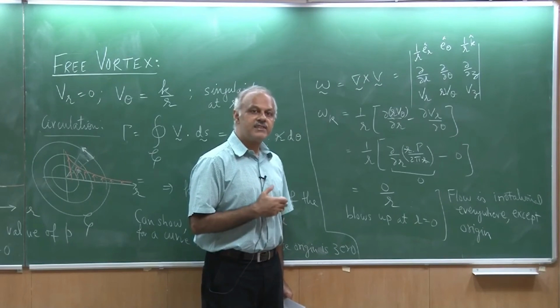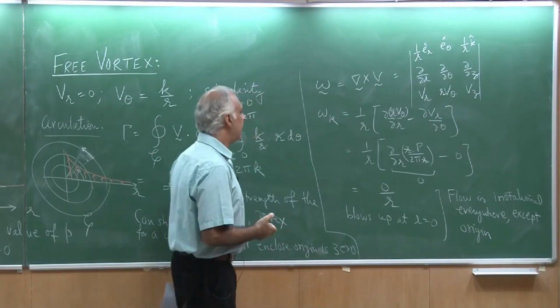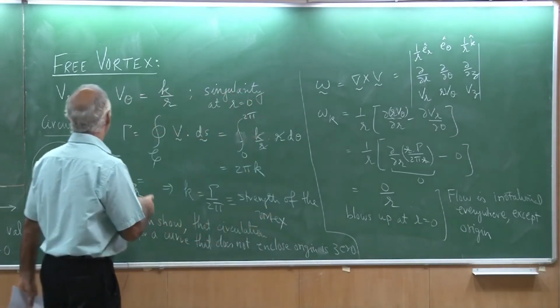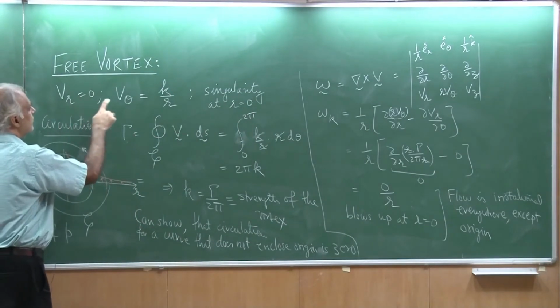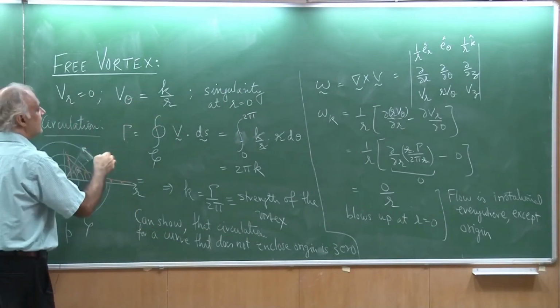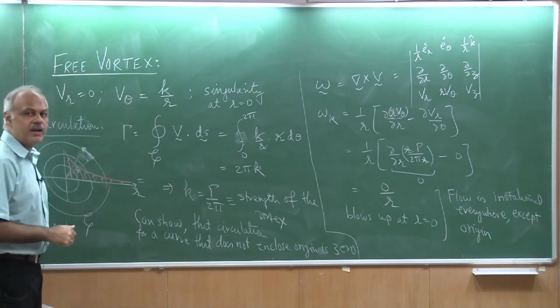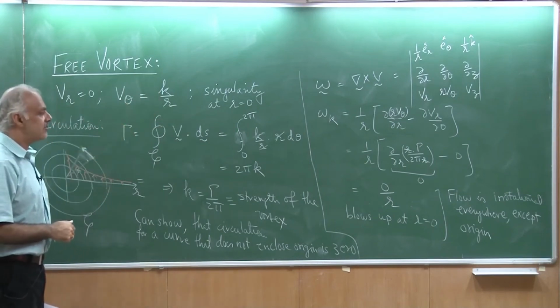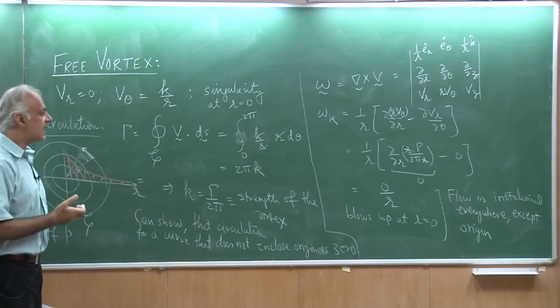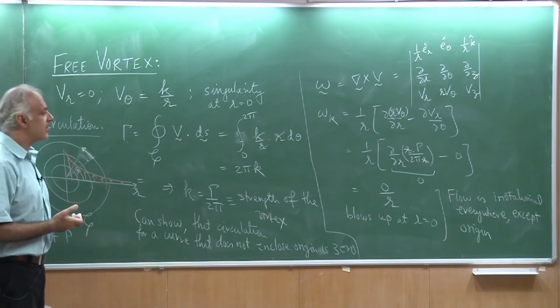They both have a very similar pressure field. In fact, because we have now looked at Vr equal to 0 and V theta is k by r, if you look at V square, the speed, that will also vary as 1 by r square, and therefore the pressure would behave exactly the same way as we saw for the case of a source or a sink.